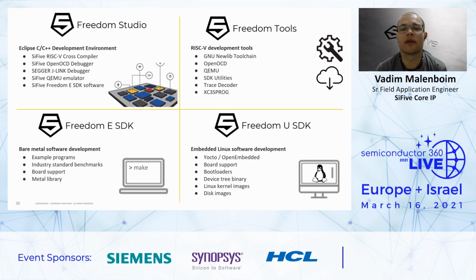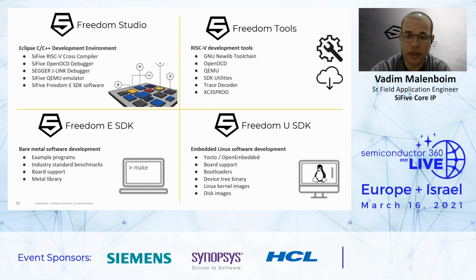Two SDK flavors are available as part of our tools. An eSDK package which targets bare metal development for our cores and includes a wide variety of software examples, several board support packages for the various platforms we support, both simulators and real hardware, and a hardware abstraction layer called Freedom Metal for ease of porting between the different SiFive platforms.